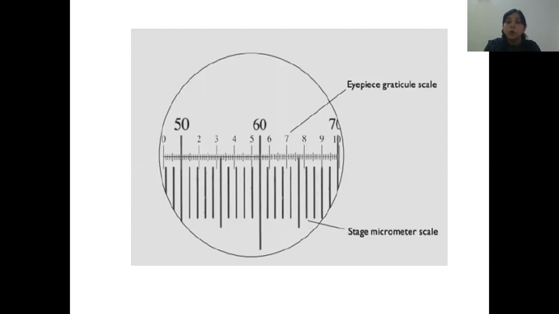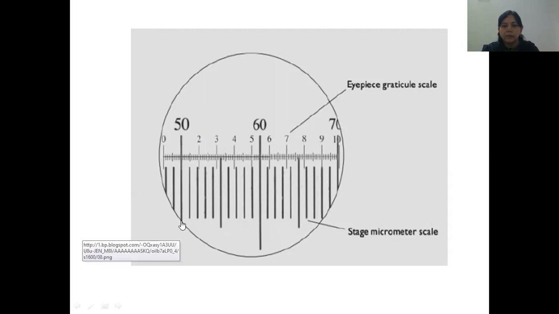That is called coinciding lines. A line of the ocular micrometer should coincide with any line of the stage micrometer. It doesn't matter; you don't have to start with 0, 1 or anything like that.